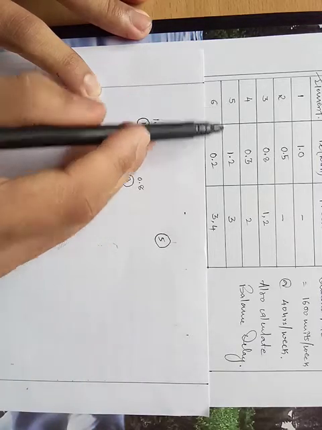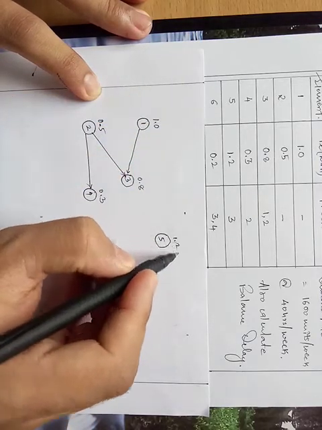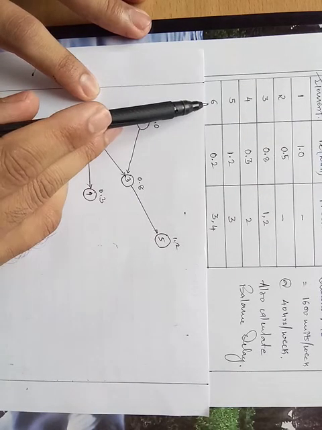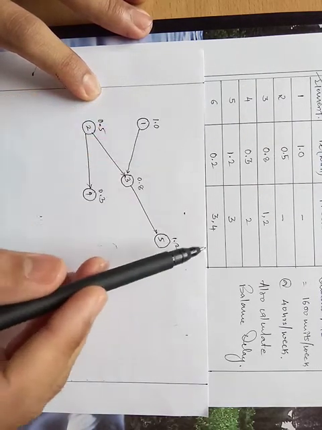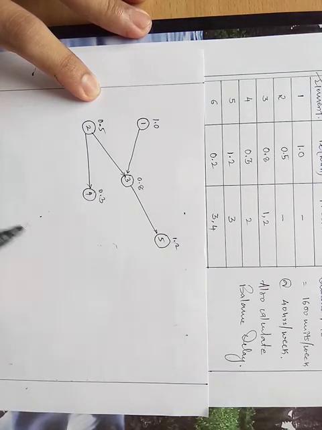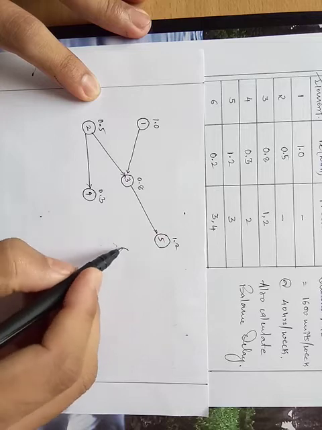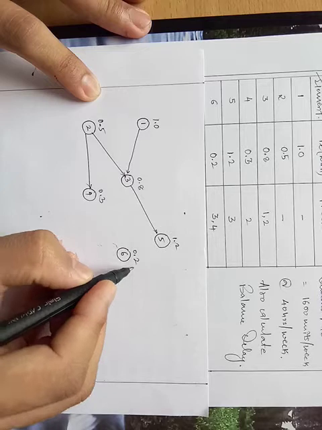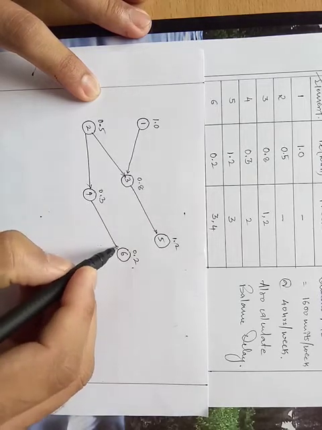Work element time is 1.2. Join it with the arrow mark. Next comes work element 6, which has predecessors 3 and 4, which I have already drawn. Work element time is 0.2 minutes. Join these two arrows.